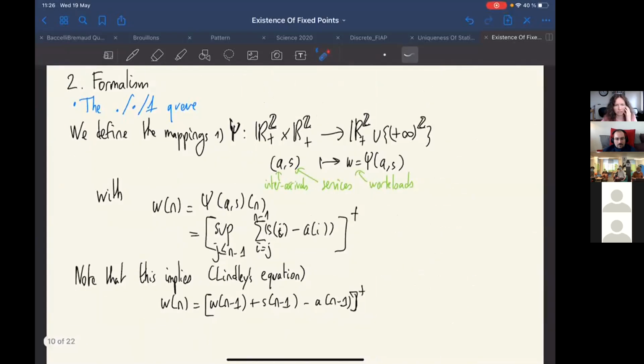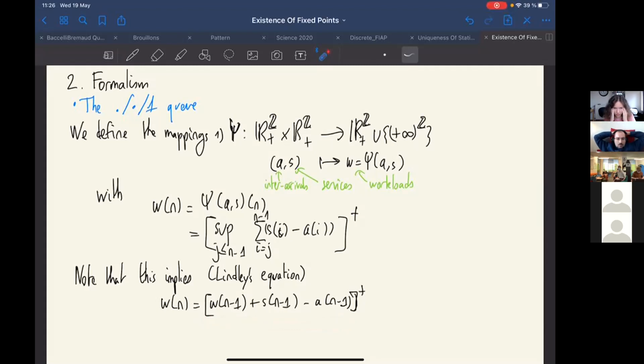So you define the workload of customer n as the workload of customer n minus 1 plus the service time of customer n minus 1 minus the interarrival time of customer n minus 1, and all of that only if this is non-negative, because otherwise, if this is negative, the workload is 0.